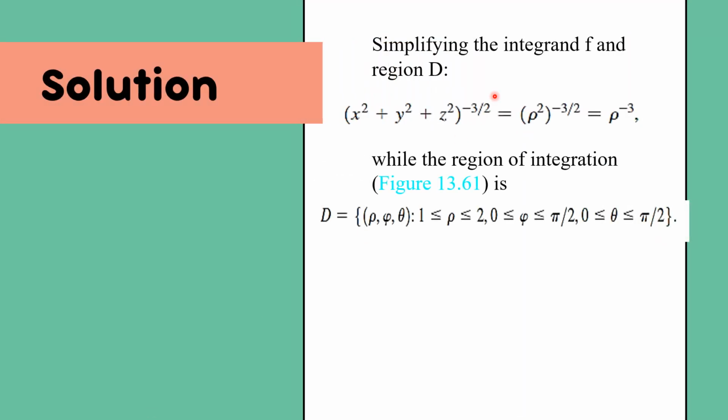We need to first simplify the integrand f and the region D. Since the given function is x squared plus y squared plus z squared raised to negative 3 halves, we write it as rho squared raised to negative 3 halves, which equals rho raised to negative 3 after applying laws of exponents. The region of integration, which we will see in Figure 13.61, is the set D containing rho, phi, and theta, and we can see here the lower and upper limits of these parameters.